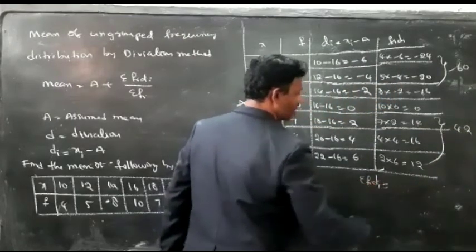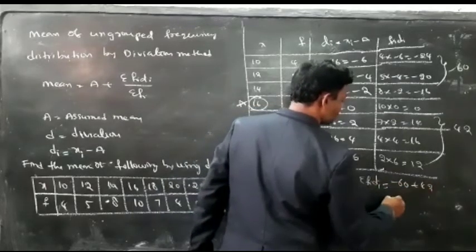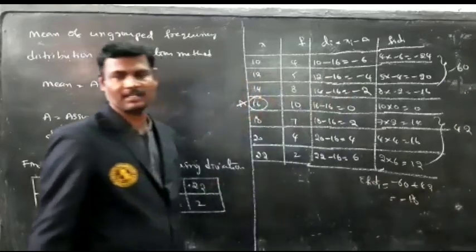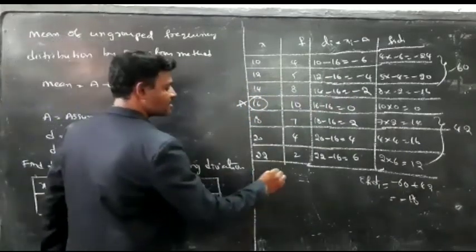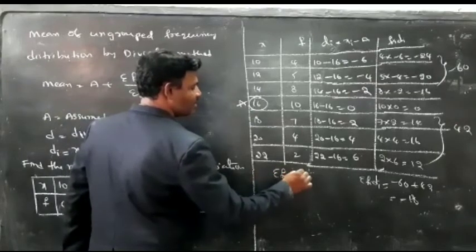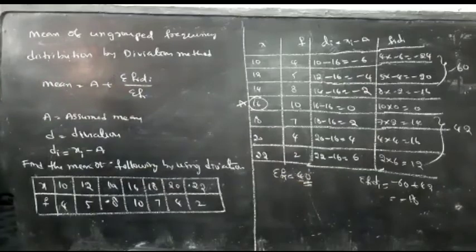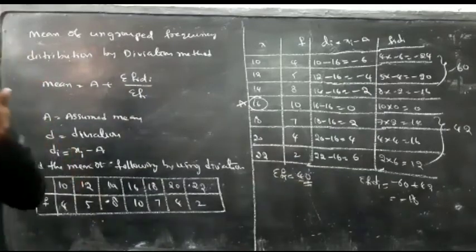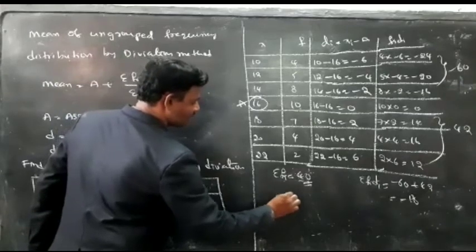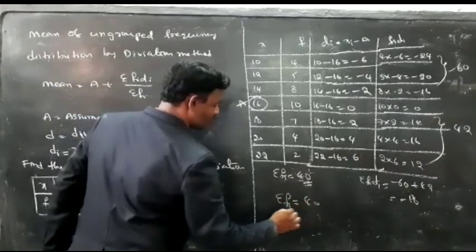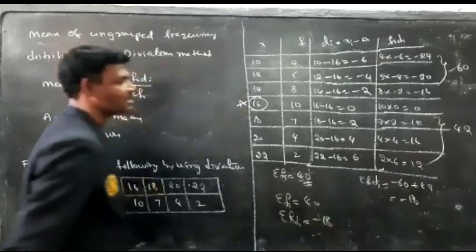Sigma fi di is minus 60 plus 42, which is minus 18. Next, what do I need? Sigma fi. Sigma fi is 40.